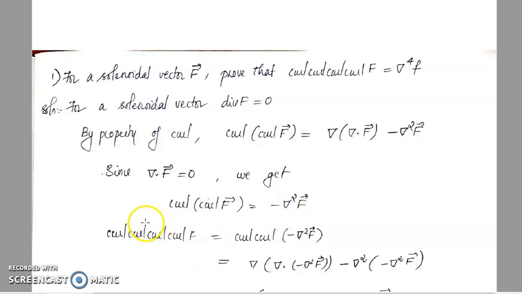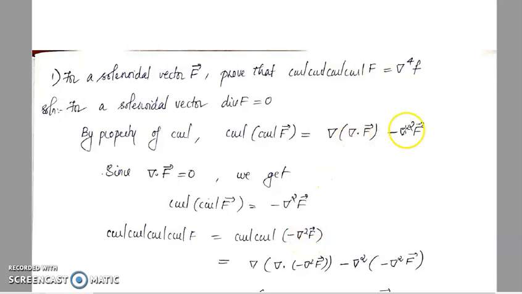Now we need to find curl applied 4 times on f. Now that will be equal to curl of curl of minus del square f. Now again this is in the form of the first formula. So that is curl of curl of minus del square f.